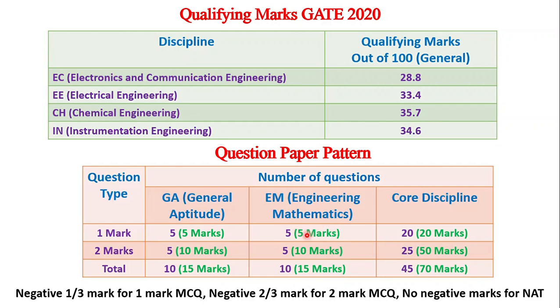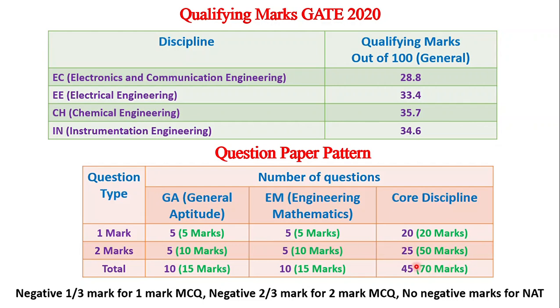Engineering mathematics again carries 15 marks, 5 questions of 1 mark and 5 questions of 2 marks, like GA. So totally 30% is contributed by general aptitude and engineering mathematics.